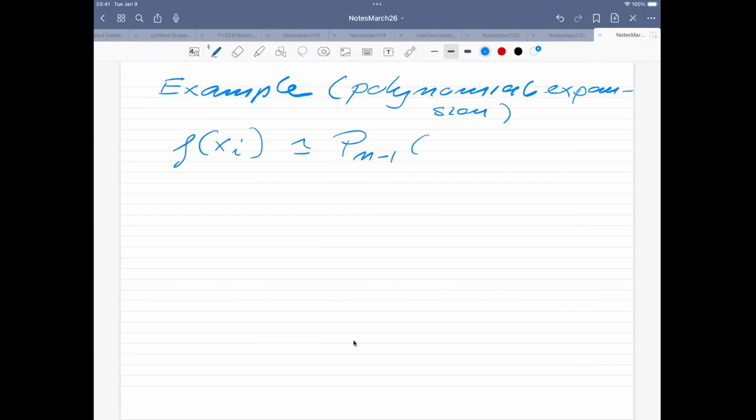So you have n points, and then we could fit a polynomial up to degree n minus 1. And this is something which would then be equal to a sum over some a_j of x_i to the power of j. And these j's go from 0 up to n minus 1.